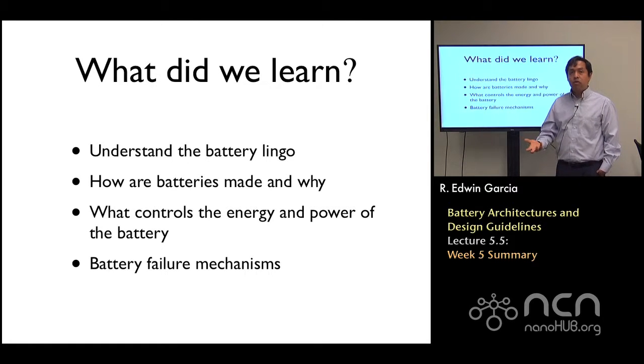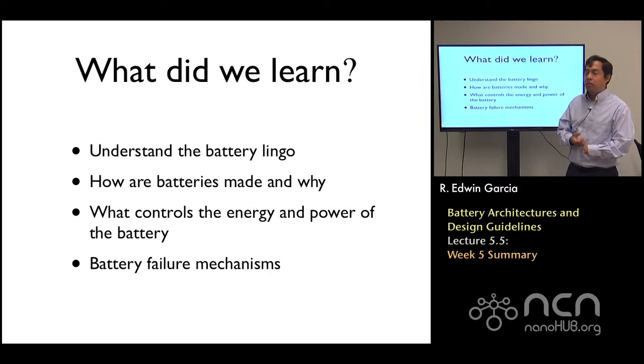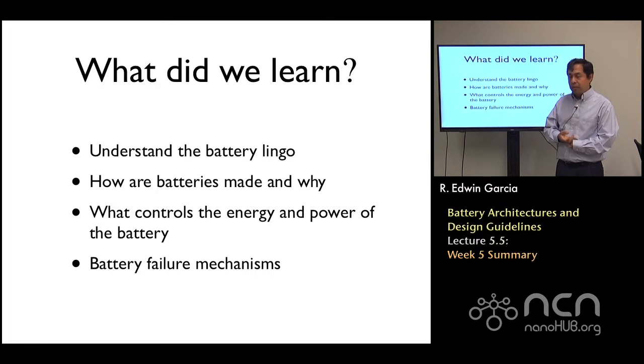Why, for example, we use powders, why people want to maximize the area per unit volume of the cell, why they want to minimize the losses, and from those parameters, what controls the energy density and the power density from the material science point of view. And how we don't want one type of battery to fit every single application, but rather to pick the right cell for the right system.